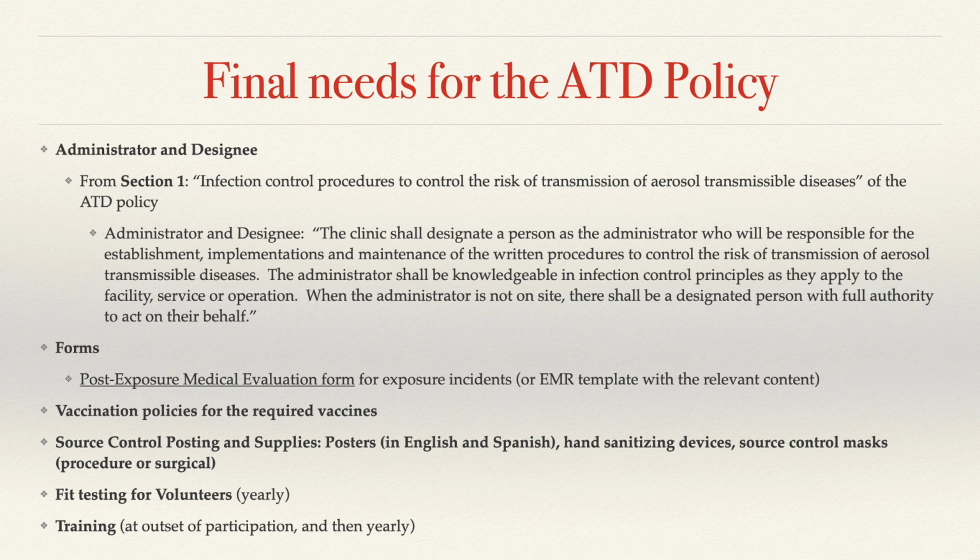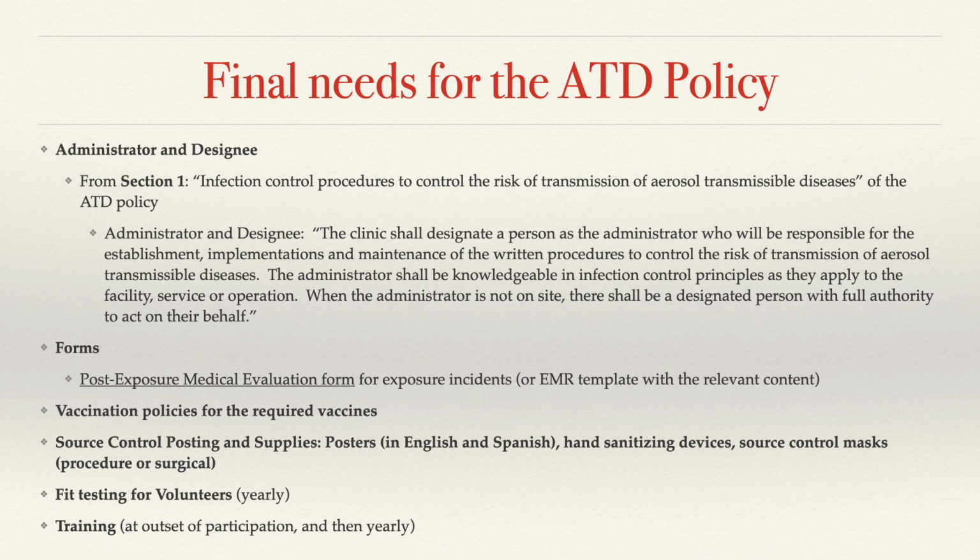And finally, some to-do items in regards to forms. A post-exposure medical evaluation form may be required. However, the alternative to this is just to look at the requirements within the policy for documentation relevant to this aspect, or to create a template within our electronic medical record for its requirements. We require vaccination policies for the required vaccines.